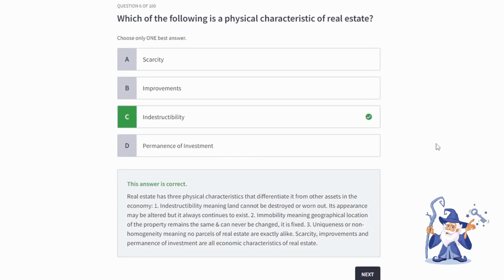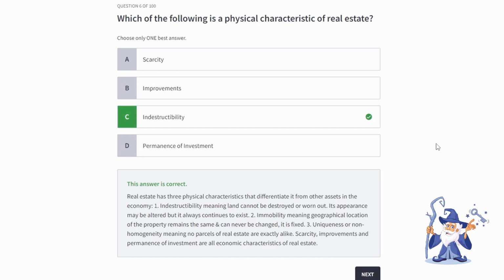So this kind of comes up, what I was just talking about in terms of, again, most forms of real estate, the real estate part is going to be indestructible. So obviously real estate has 3 physical characteristics that are different than other assets in the economy. 1, indestructibility, obviously meaning that land cannot be destroyed or worn out.